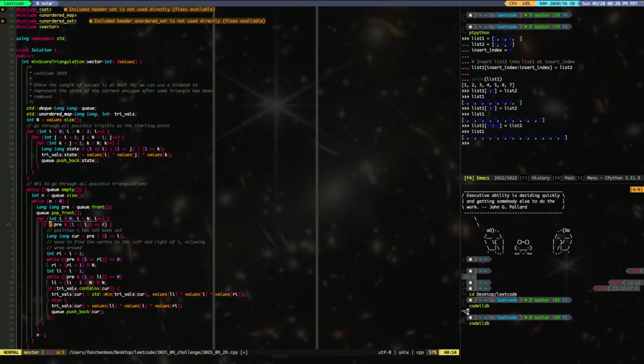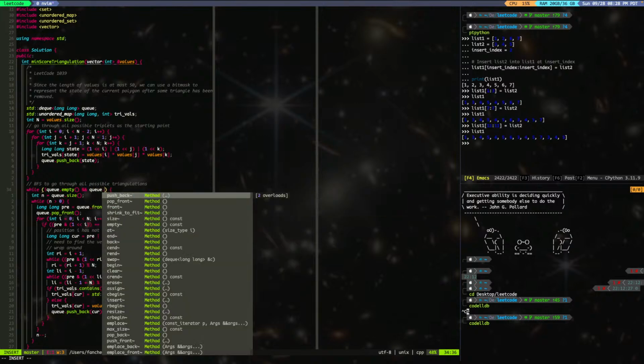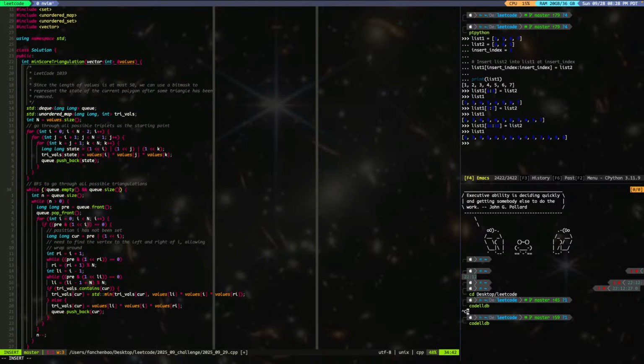Which I don't want, because I want to say Q is not empty and Q dot size is larger than 1. Actually, this shall be good enough, right? So Q size is larger than 1.